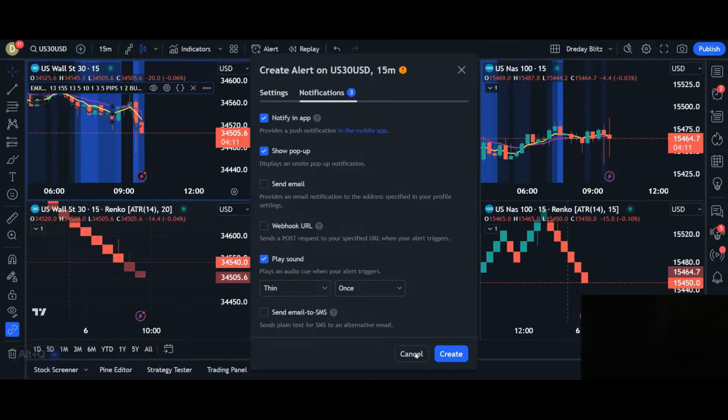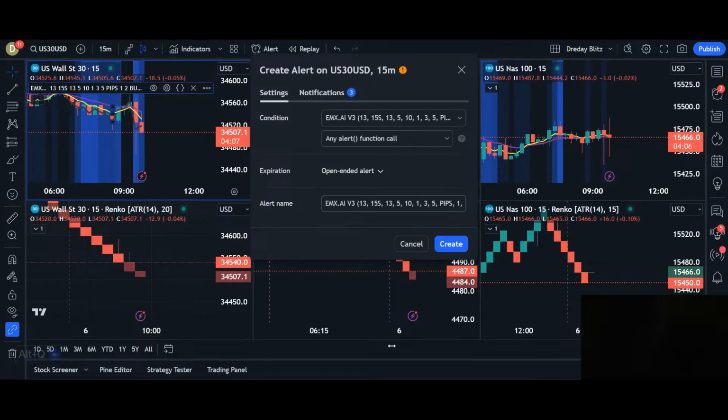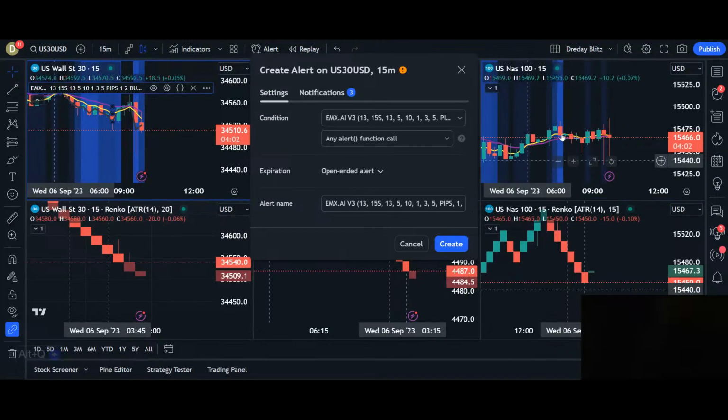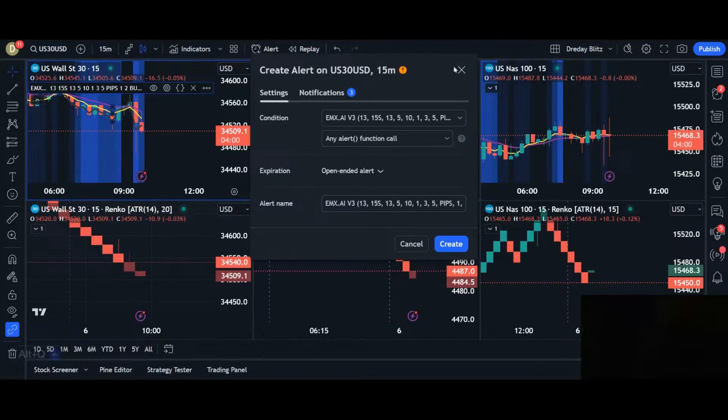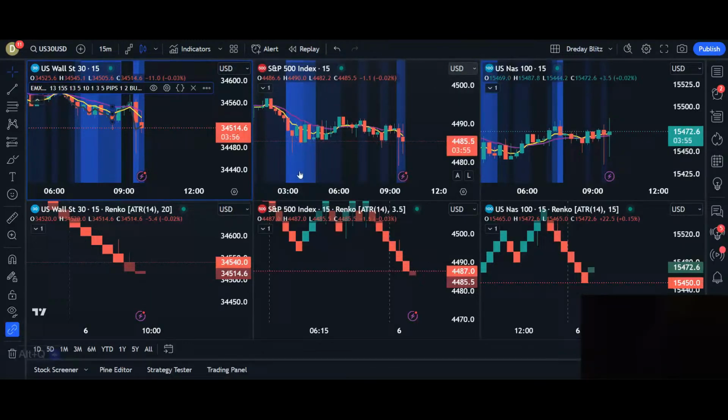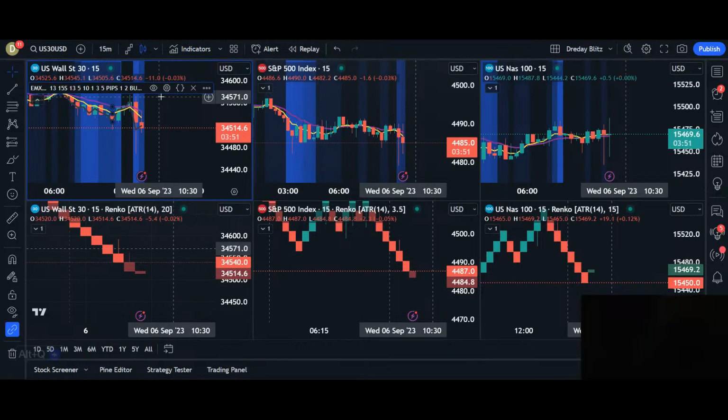When you finish that, you just click create, and it's going to create your alert for the pair or indices that you're trading on. You could put that on all of your signals, not just one signal, but on your pair that you're trading overall.